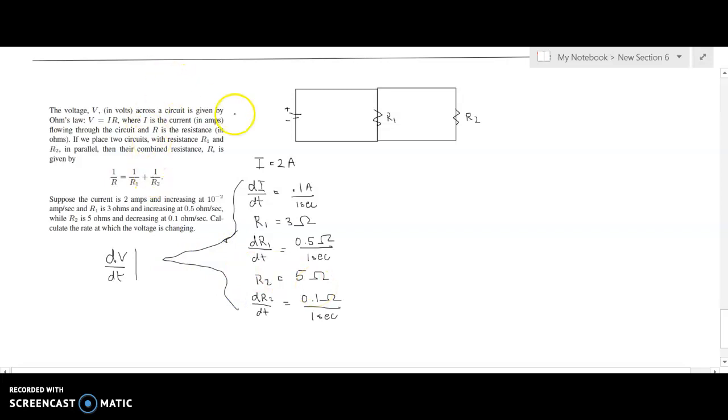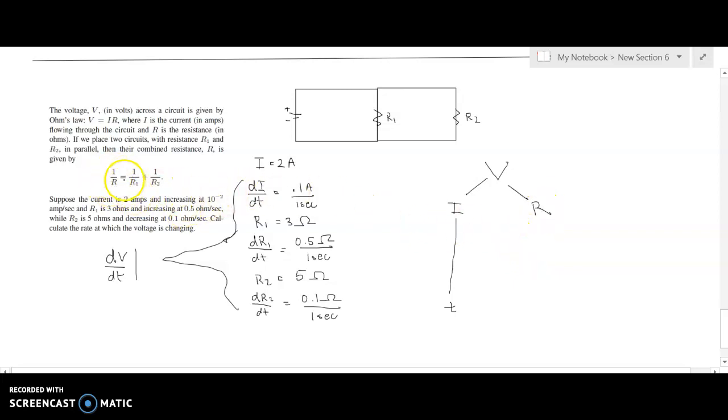So let's start off with the chain of things we know. Voltage is a function of two things: your current and your resistance. The only relationship we know about I is that the current is changing with respect to time, so I depends on t.